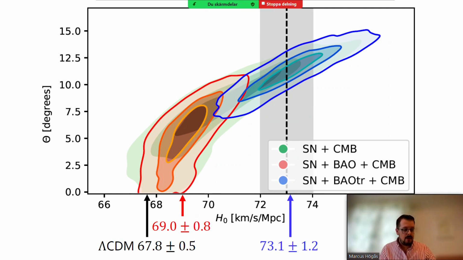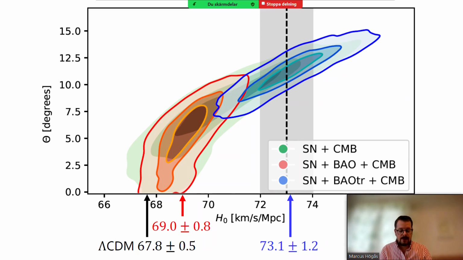Finally, the blue contour here, that is what you get if you replace ordinary 3D BAO with 2D BAO. So that is referred to as BAO transverse here, okay? And as you can see, this results in a significant shift in the Hubble constant from lower values here to higher values.